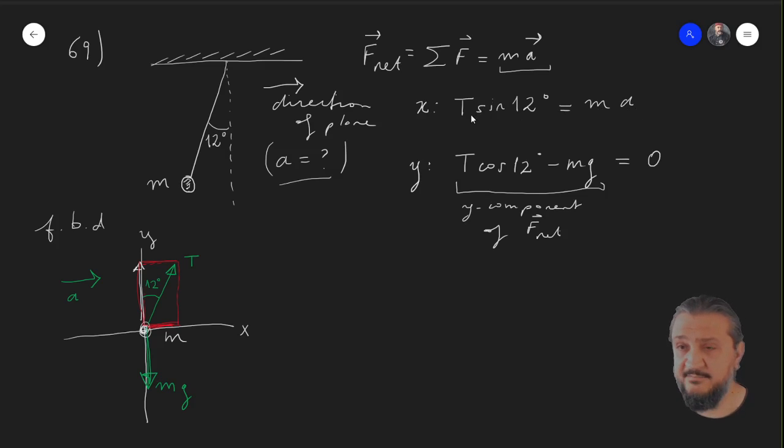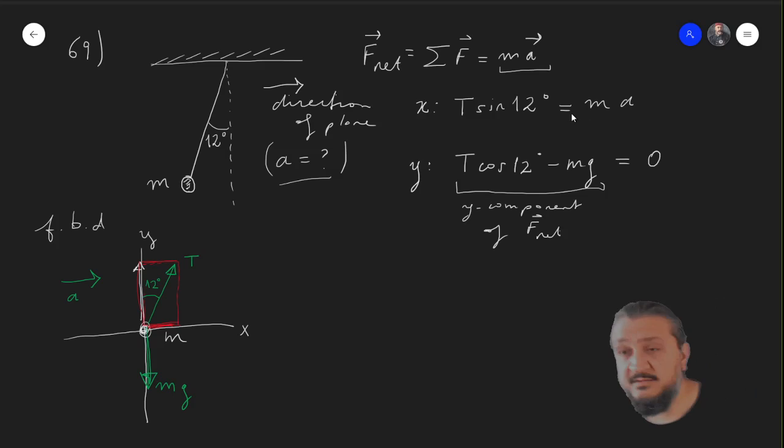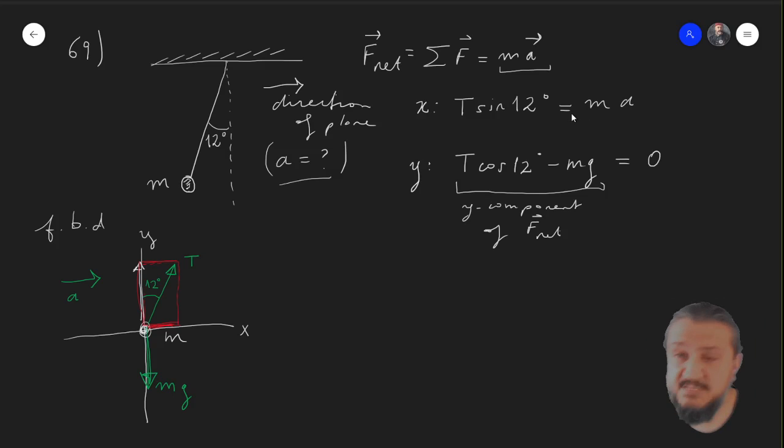But I have too many unknowns here. I have T. I don't know what T is. I have M. I don't know what M is either. So what do I do? I have 3 unknowns but 2 equations. How do I solve this problem? But if you look carefully, you can eliminate T and M. So do this.